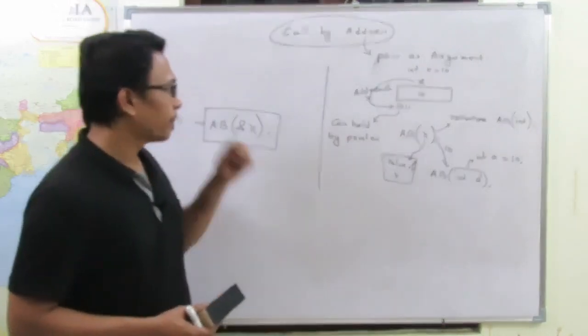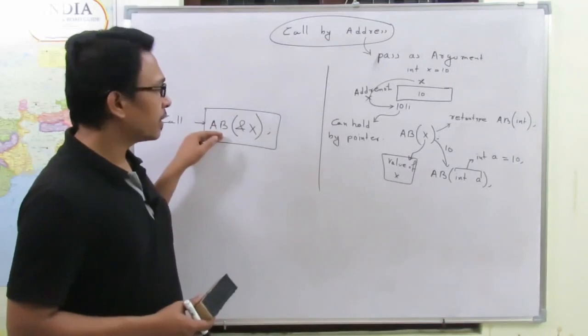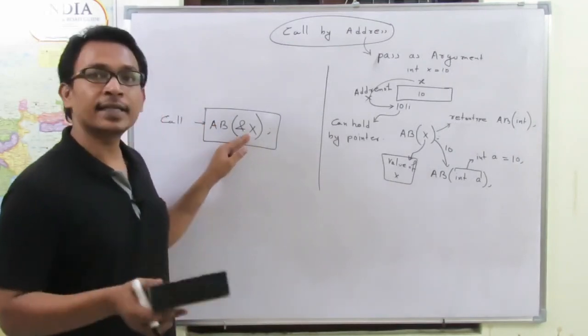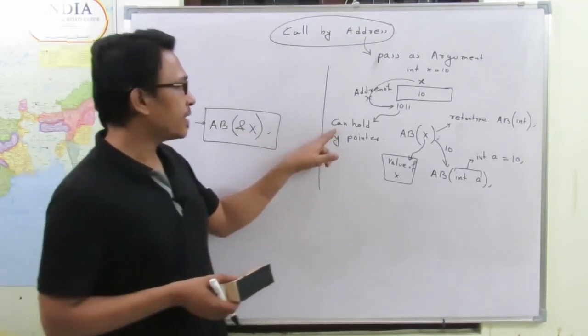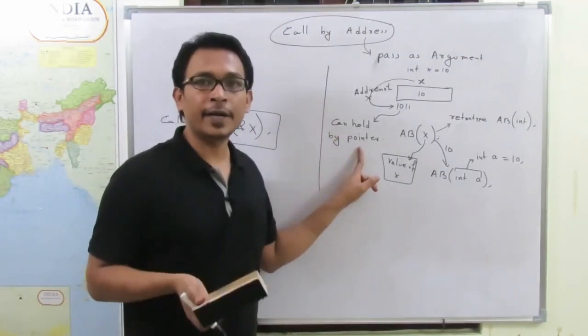Now look here, in this particular function the argument is of address type, and an address is held by pointers only.